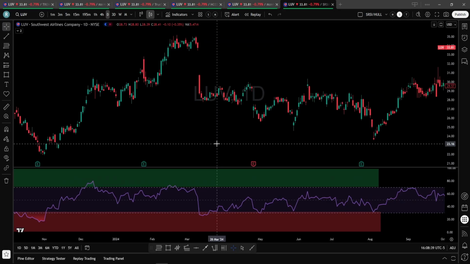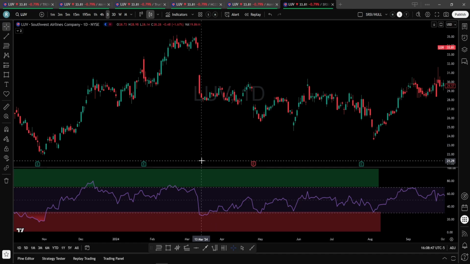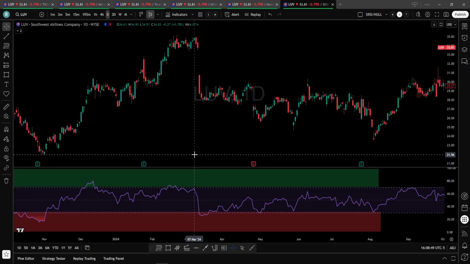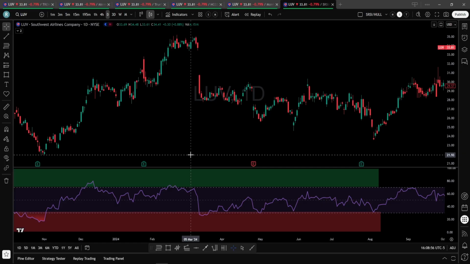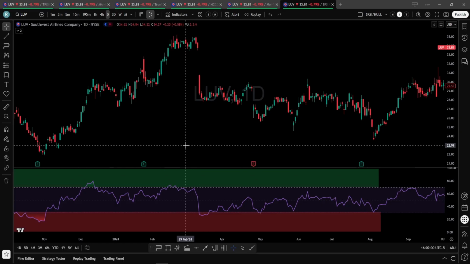Now, as an overbought oversold indicator, this is not the RSI's strongest suit. There are going to be many situations where you really need confirmation from other indicators or other methods of trend change detection. But it is a good complement to other methods.